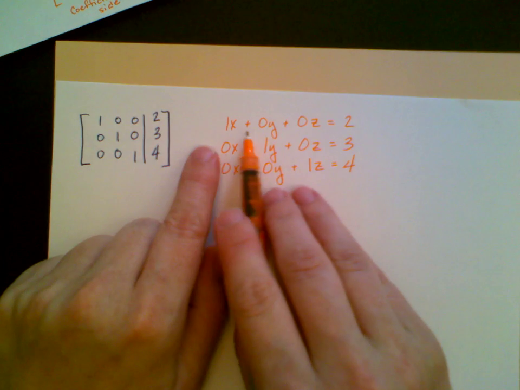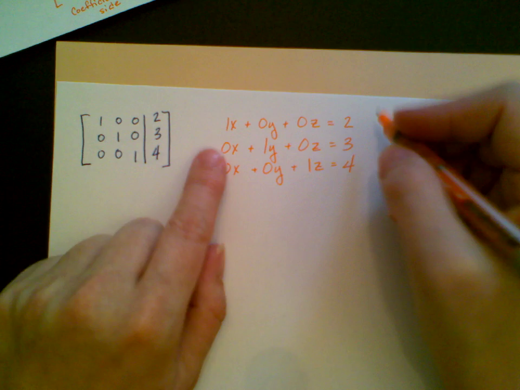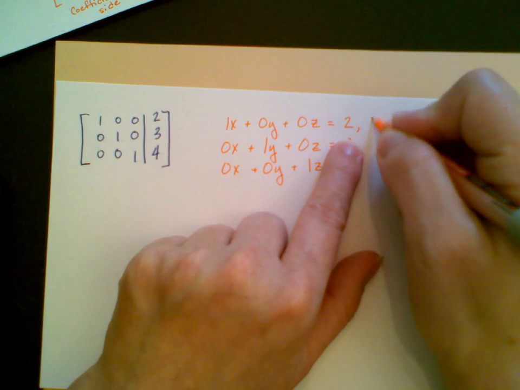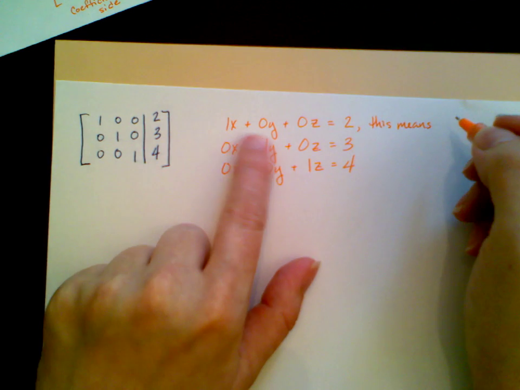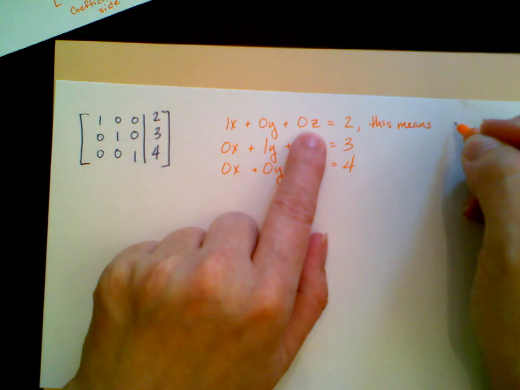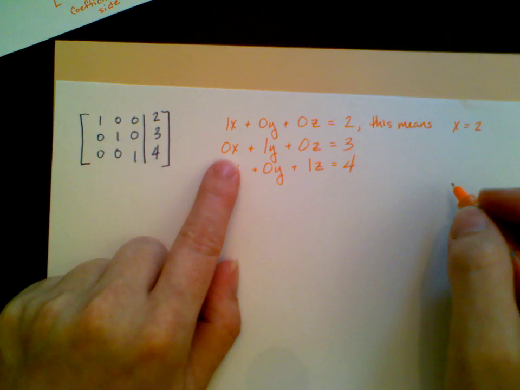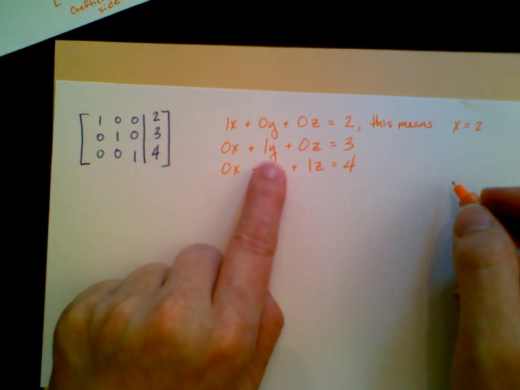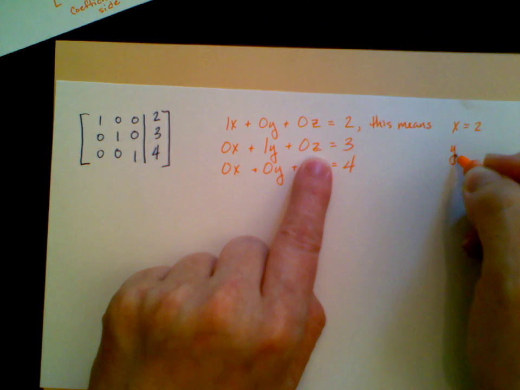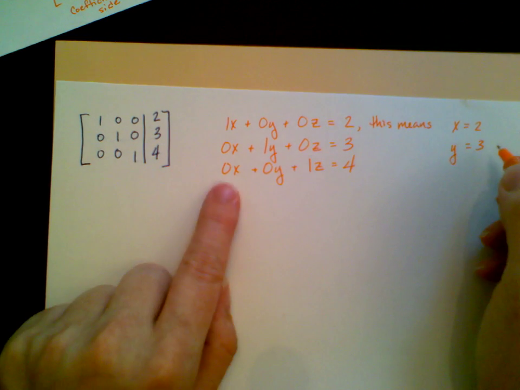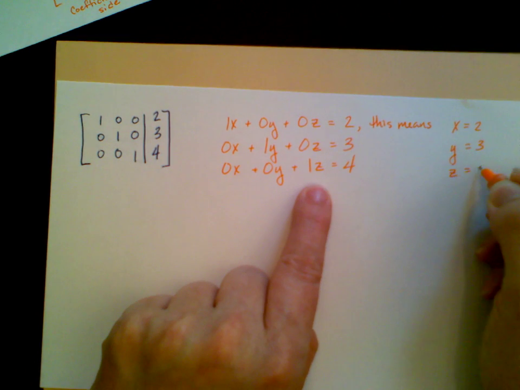So now notice that all of these zeros and ones are actually pretty convenient, because if I have this equation, well, 1x plus 0y plus 0z is x equals 2. If I have 0x plus 1y plus 0z, well, that's all just y. So y equals 3. And 0x plus 0y plus 1z, well, that means z equals 4.